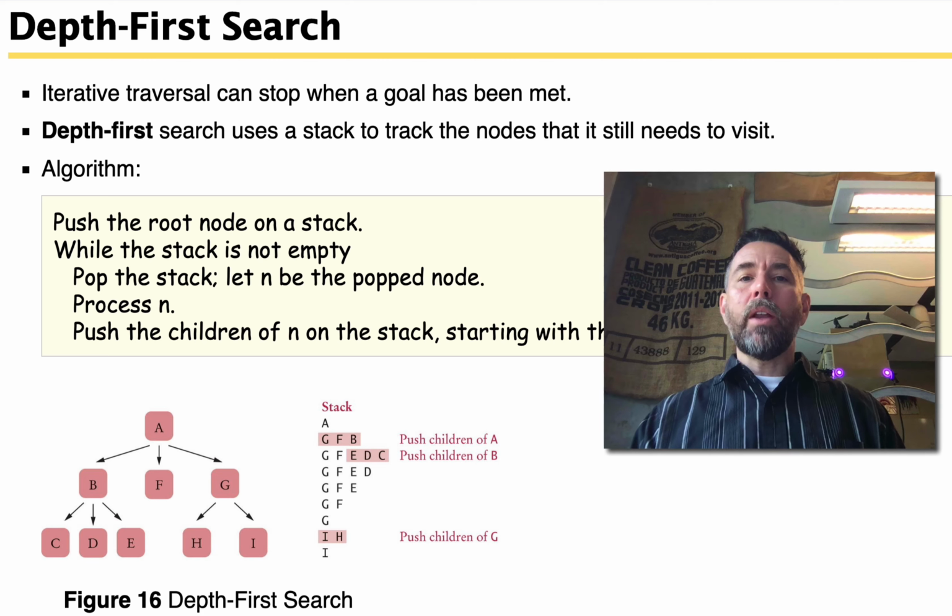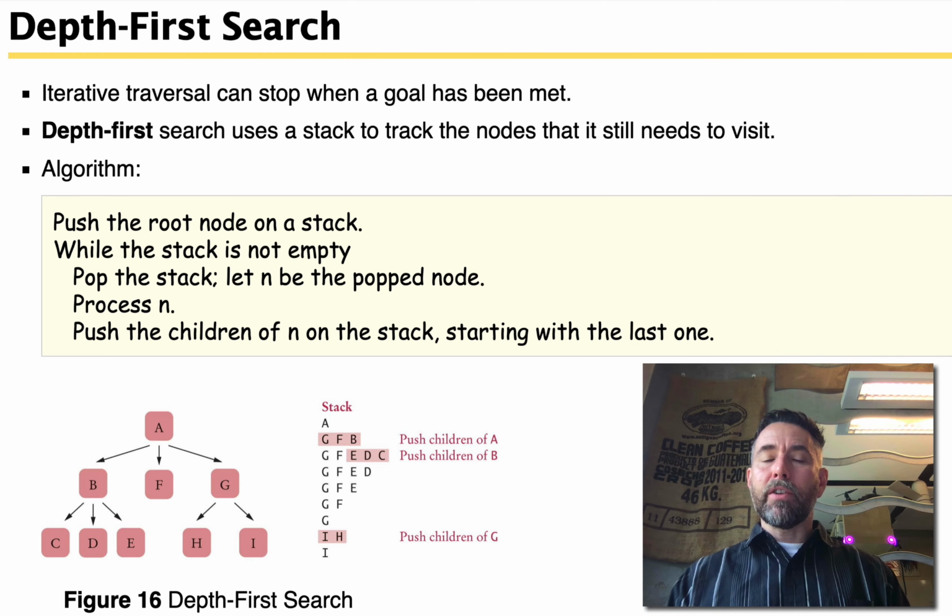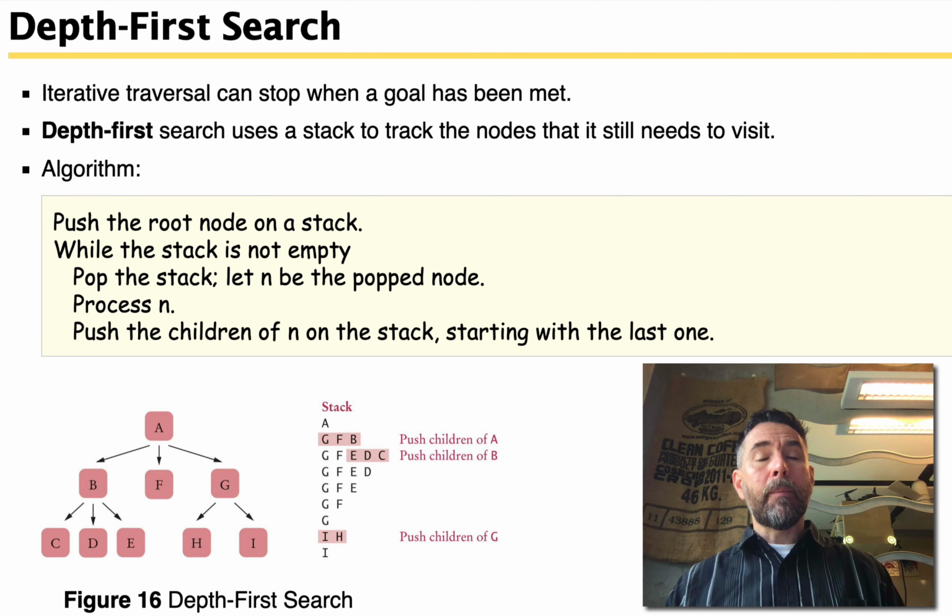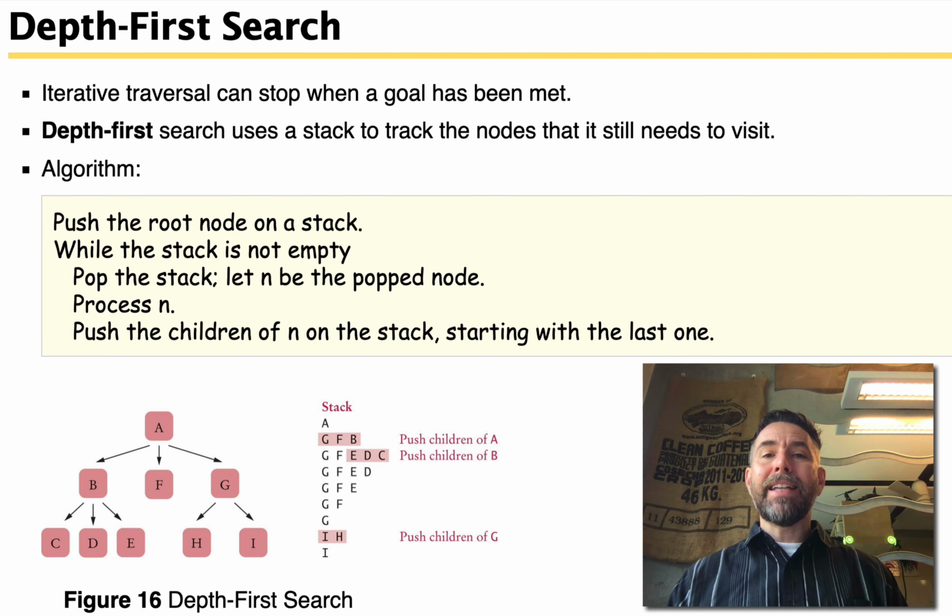There are times when you might want to move through a tree searching for something and stop the search at a particular point. The two typical kinds of searches are called depth-first search and breadth-first search, and they reflect the way in which you visit the nodes. Depth-first search is like doing a pre-order traversal.